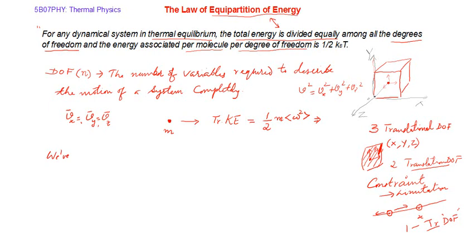Half m omega square is equal to 3/2 kBT. Hope all of you remember this equation. We use this relationship while explaining the kinetic interpretation of temperature.